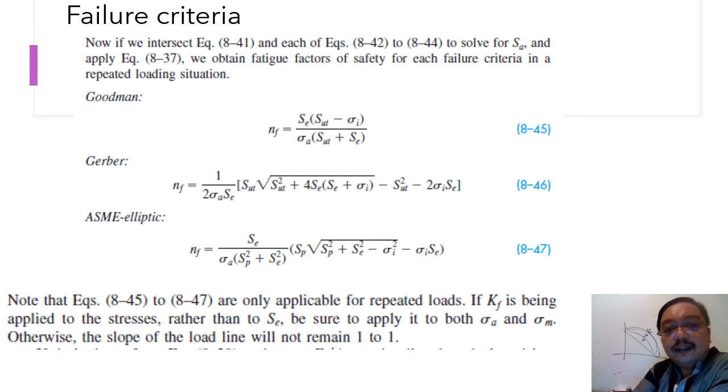And this is the failure criteria that I stated before. This is the load factor for Goodman, load factor for Gerber, load factor for ASME-elliptic. Okay. So note that equations 8-45 to 8-47 are only applicable to repeated load.